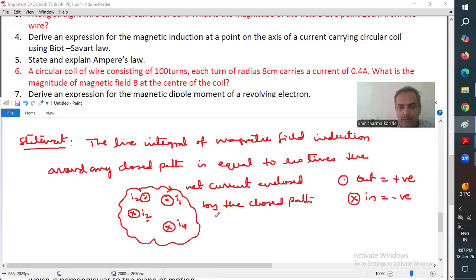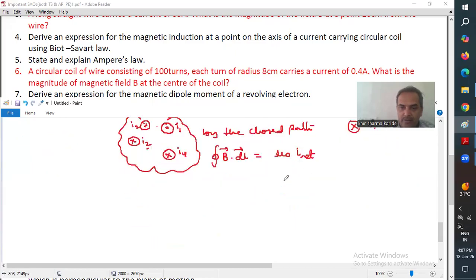So mathematically you can understand that this is line integral B dot dl, the line integral of magnetic field induction around any closed path, is equal to mu naught times the net current enclosed by the closed path. So this is mu naught I net.